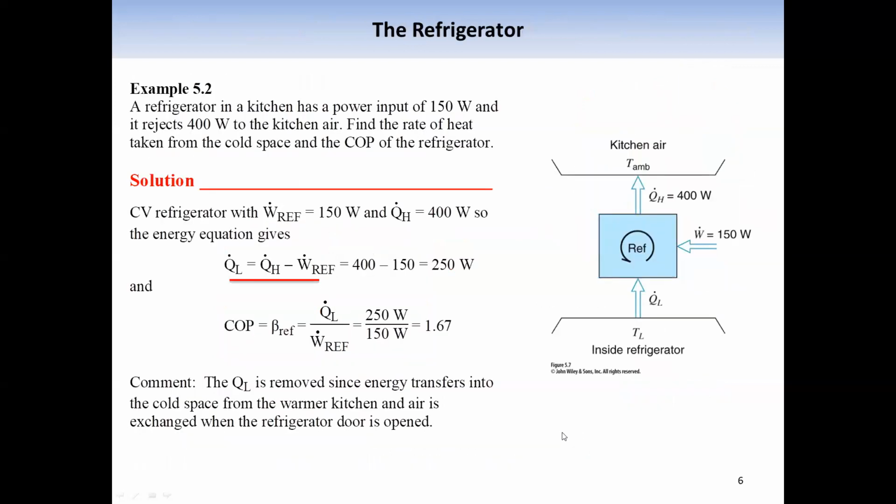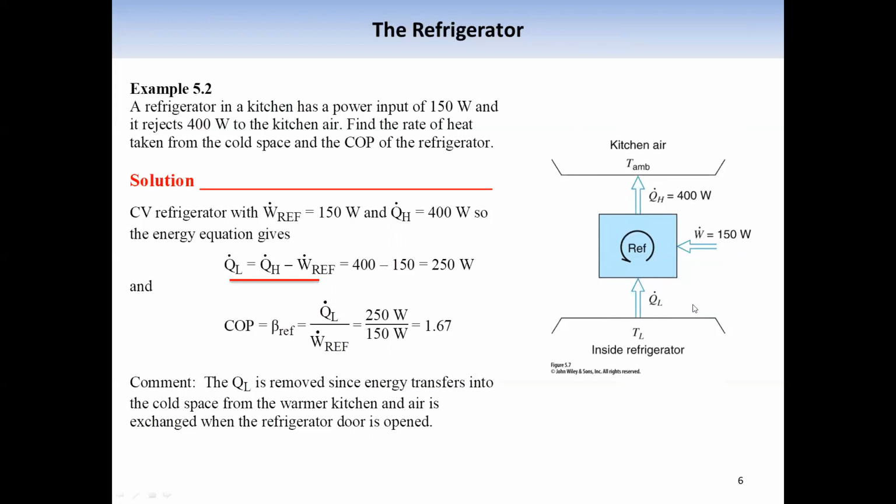And then if we look at this example, if this is a refrigerator, and we know that to keep the refrigerator running, we need 150 watts of power, and we know it rejects 400 watts of energy to the high temperature reservoir, we are asked to find the QL term and the COP of the refrigerator.